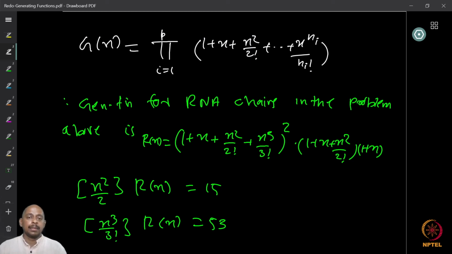Hence, you take the product of these polynomials, you get a polynomial, and look at the coefficient of x squared by 2 factorial. One can verify that it is actually 15 in this case. And if you look at the coefficient of x cubed by 3 factorial, you can verify that it is actually 53. That is precisely the way to count this, and one can generalize it to other examples very easily.